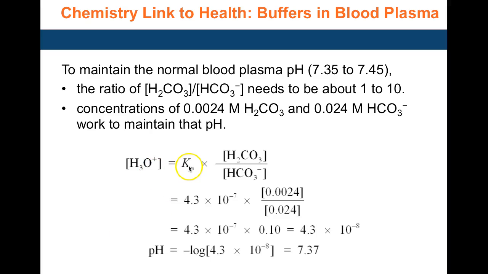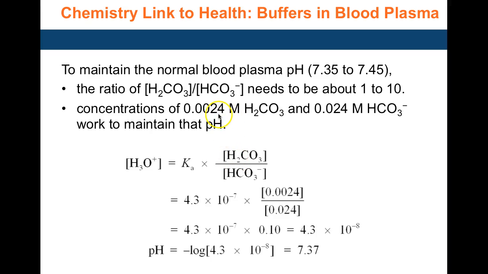So Ka is equal to H3O plus times the HCO3 minus divided by H2CO3, and then when you rearrange it for the H3O plus concentration, it is Ka times the acid divided by the conjugate base, which is HCO3 minus concentration. So Ka for this H2CO3 carbonic acid is 4.3 times 10 to the negative 7. That's the Ka value for carbonic acid.